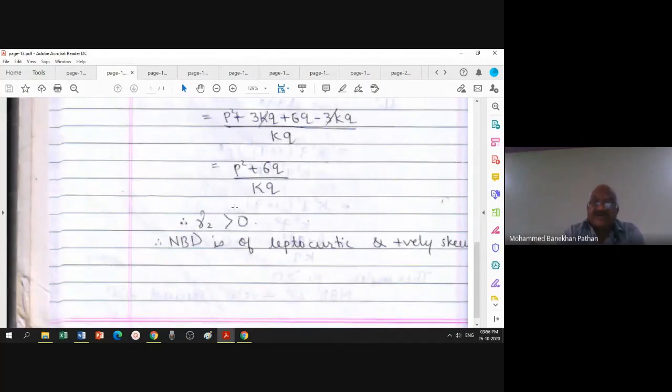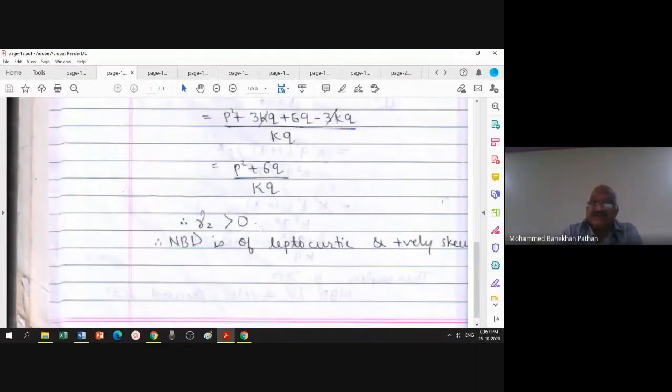So if gamma 2 is greater than 0, according to your first year knowledge, if gamma 2 less than 0, it is platycurtic. If gamma 2 equal to 0, it is a mesocurtic. That is a normal. And if gamma 2 greater than 0, it is a leptocurtic.